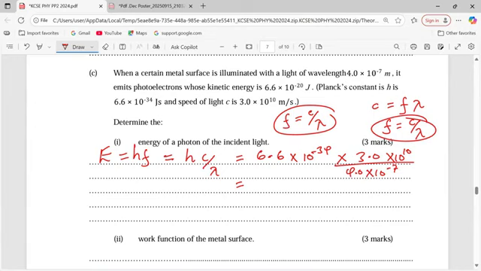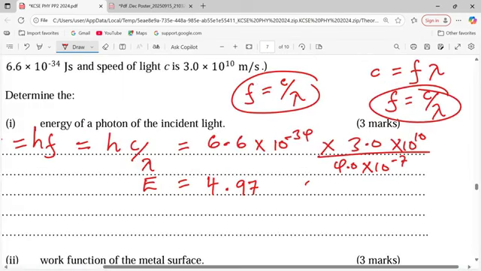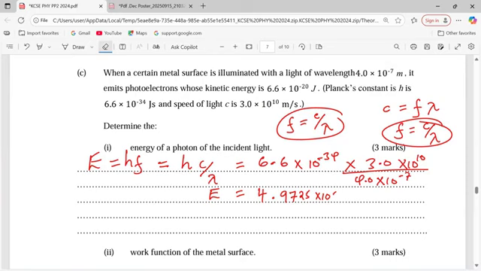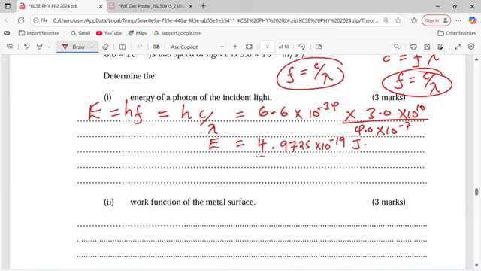Here we shall now have the energy of this radiation being equal to 4.9725 times 10 to the power of negative 19 joules, since it is energy. So that's how we work out the first part.